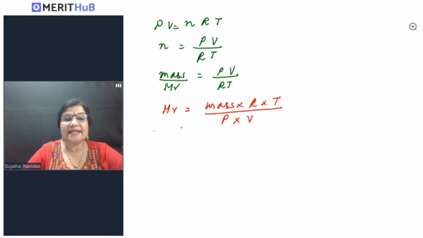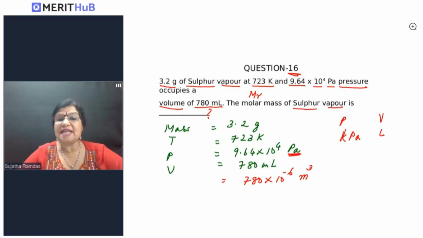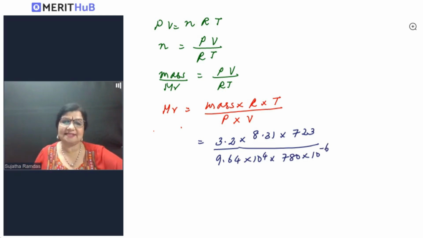Now let's substitute all the quantities. So what are the quantities here? The mass is 3.2 grams into R 8.31 into 723 divided by, you have the pressure as 9.64 into 10 to the power of 4 into 780 into 10 to the power of minus 6. Now this involves a lot of numbers.